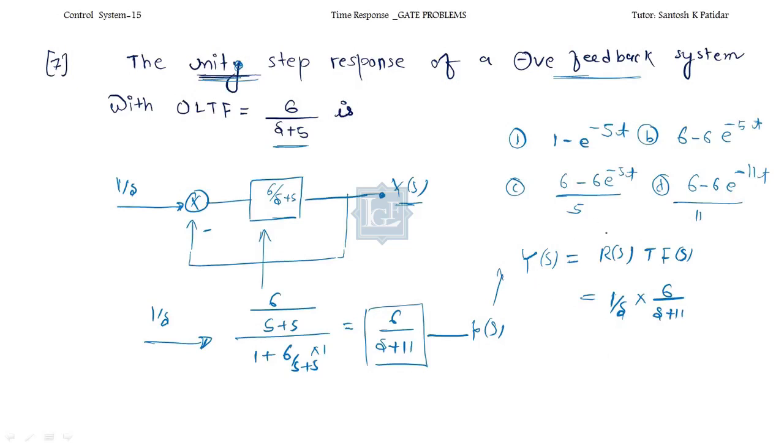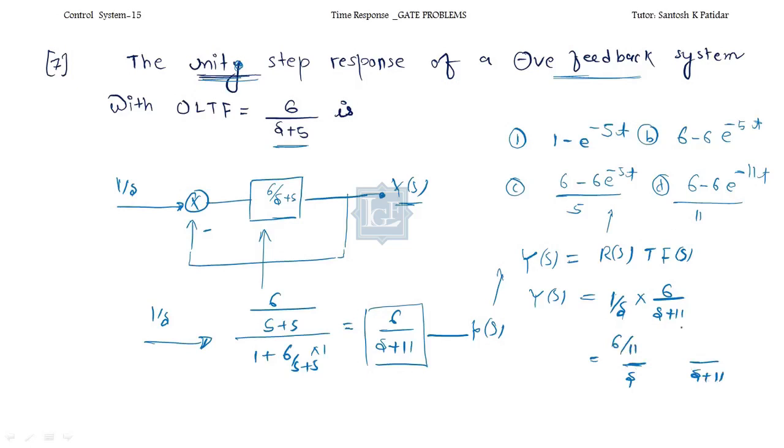Okay, so in the time domain they're asking, so convert this entire output into the time domain. You have to take the partial fraction of this, so you'll get A by s plus B by s plus 11. To solve this, keep s equal to 0 over here, you will get 6 by 11.